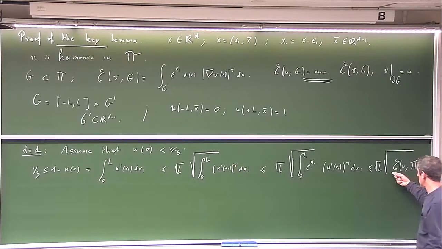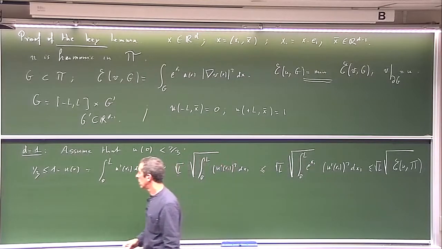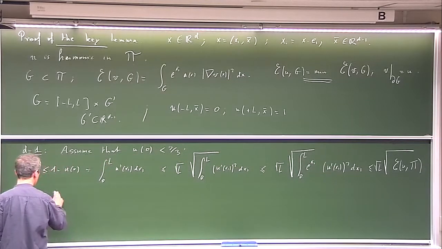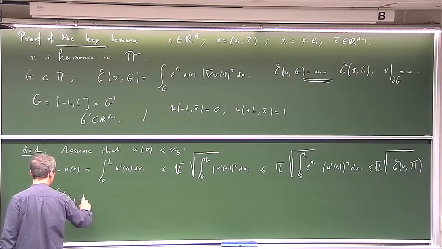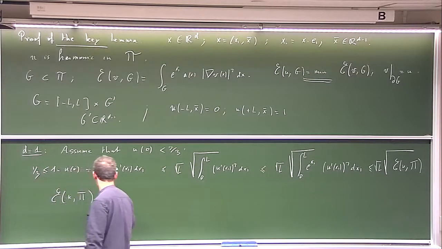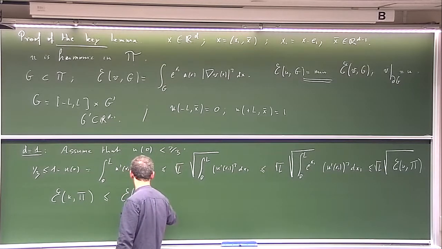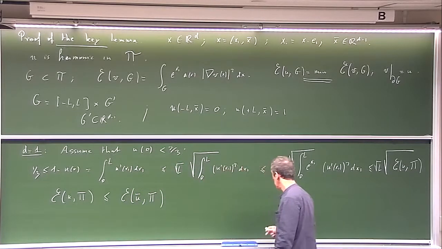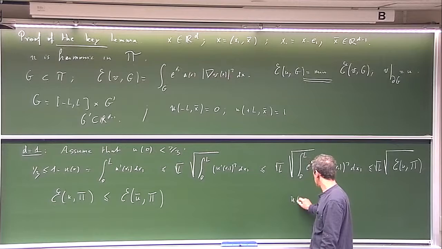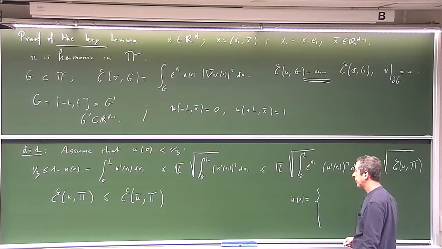So we have a lower bound for this E. And now we can use the variational formula. So we want to minimize. Say that this is less than E of some function, U bar, on pi. We have to choose U bar in a clever way. So what we choose is U bar of X. It has to start at 0.